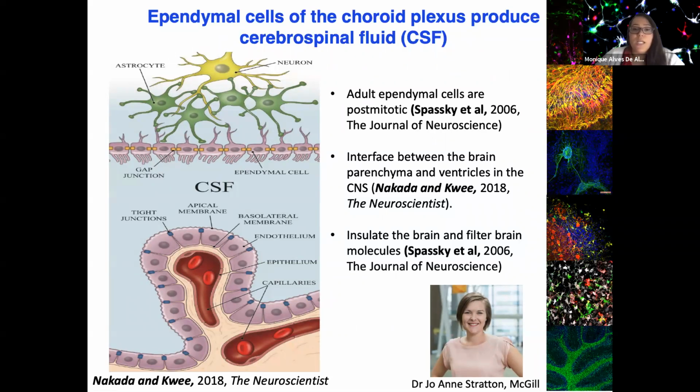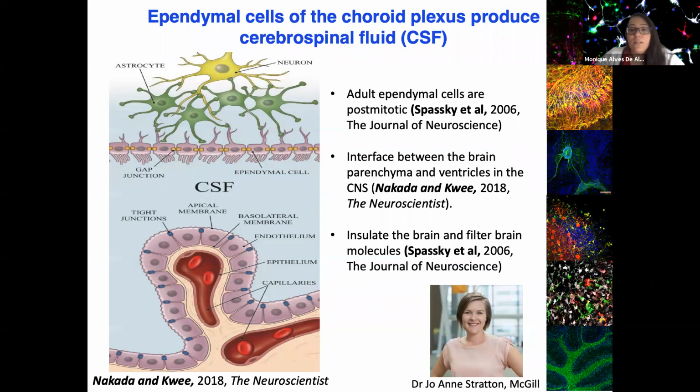Currently here in Canada, Dr. Joanne Stratton is studying the functions of the ependymal cell to explore its role in multiple sclerosis and in neurodegeneration. Interestingly, ependymal cells can act as a barrier, which probably means that they are the first responders to the environment in the cerebrospinal fluid.